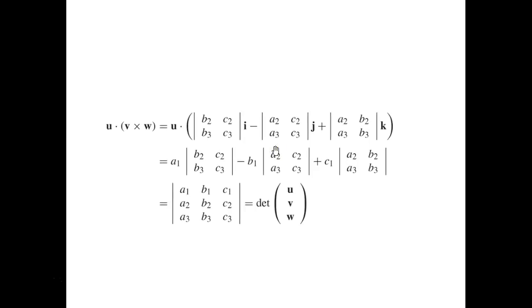This is the volume of the parallelepiped: U dot the cross product of V and W. They wrote down what the cross product was there, and that turns out to be the determinant of the U vector, V vector, and W vector.